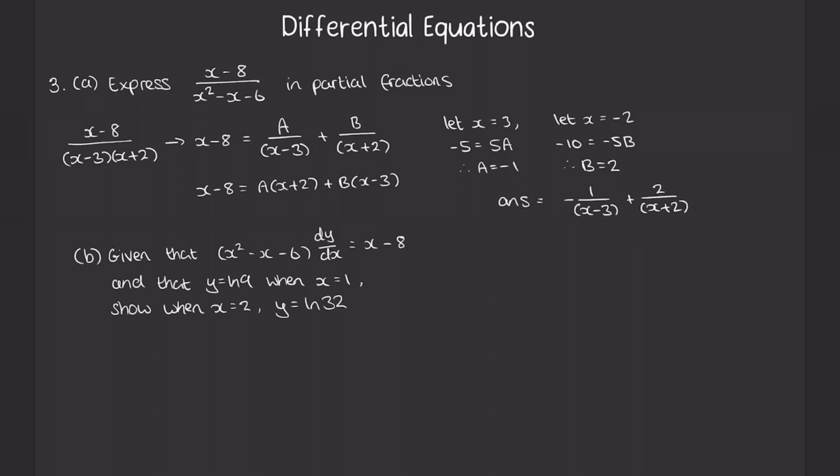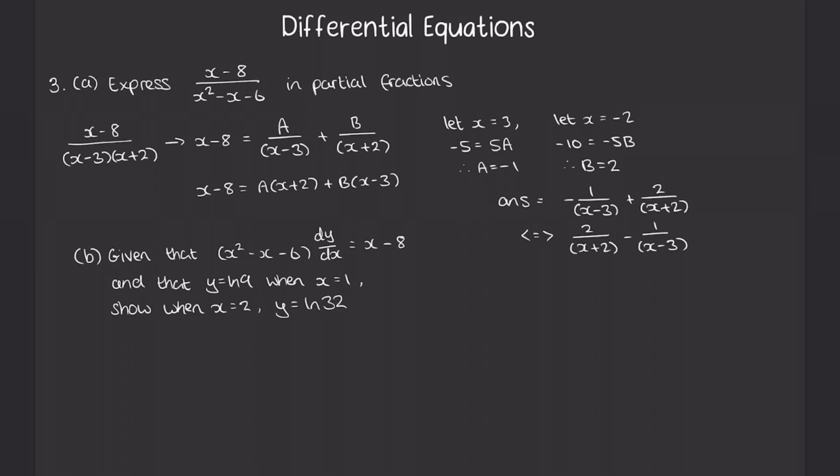You can also rewrite it as 2 over x plus 2 subtract 1 over x minus 3, if you want to write it in a nice way. I'll do it like that as well, because it just looks a little bit nicer. It's nicer to work with a positive number first and then a negative number after, right? It's exactly the same thing, just flipped around.